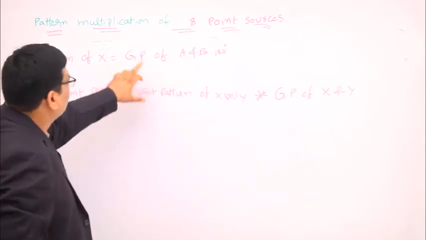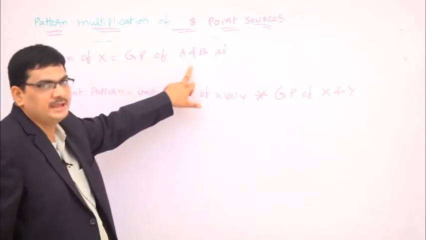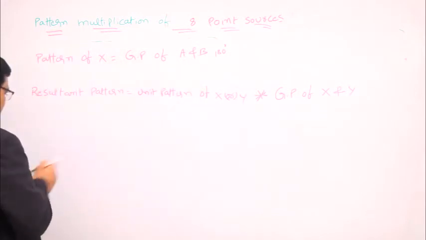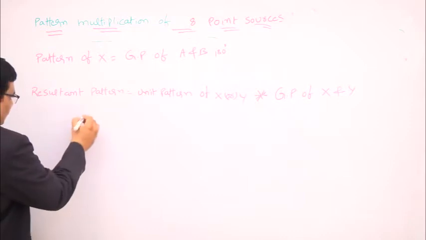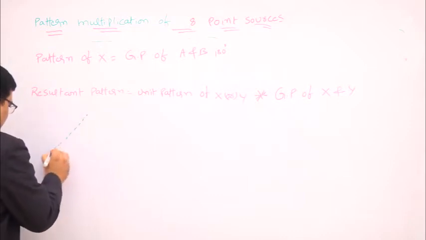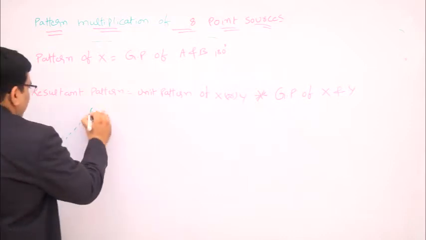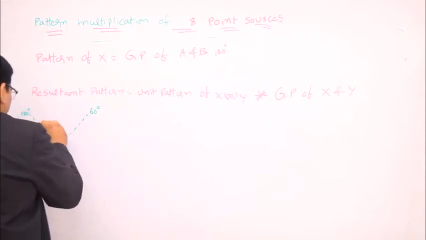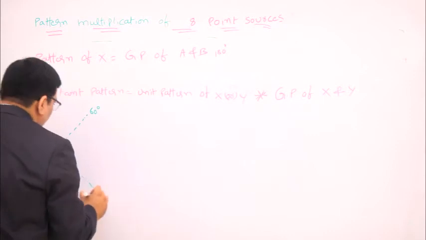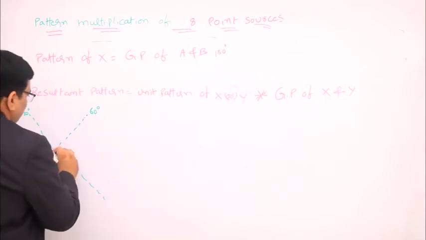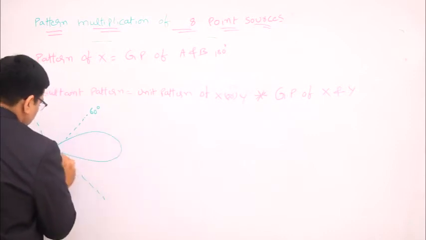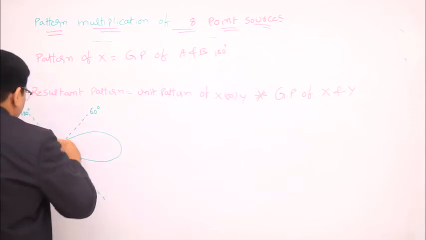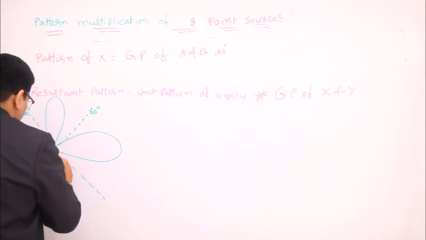That is the group pattern of A and B, which is separated by a distance lambda. So first draw the nulls. At 60 degrees we have a null, and at 120 degrees we have another null for two elements separated by this distance, and in the other directions you have your maxima signal.